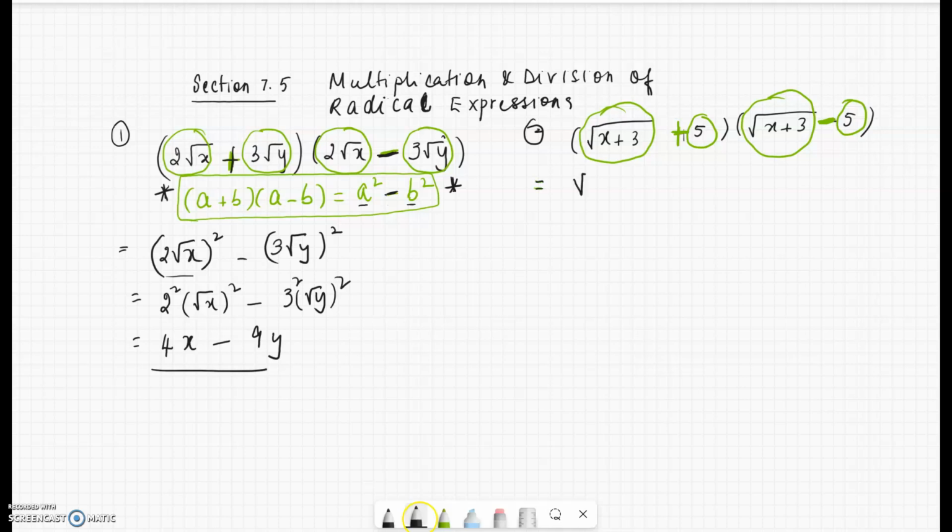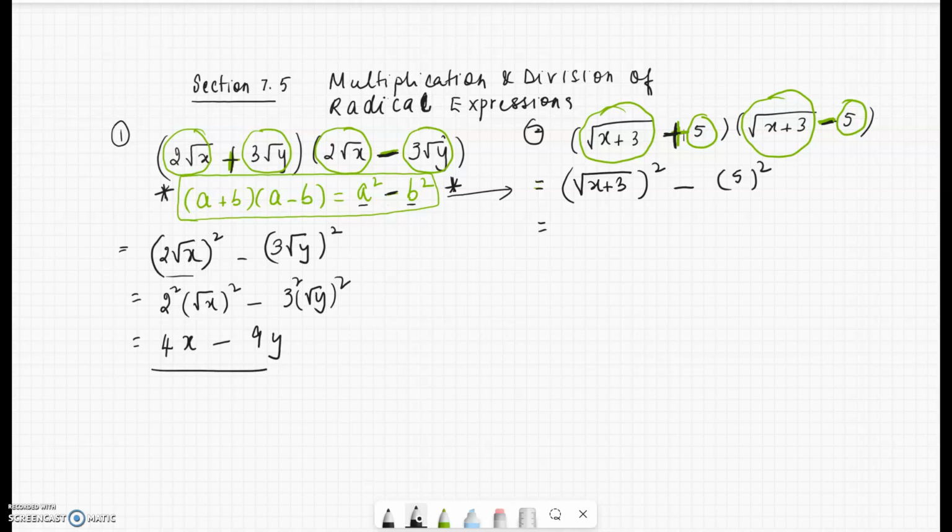Square the first, so you have square root of x plus 3 the whole squared minus square the second term. Notice we're again using the same formula. It's the difference of squares. The only thing you need to do is recognize the pattern. The pattern should be in this form: a plus b, a minus b, the exact same term except for the sign.